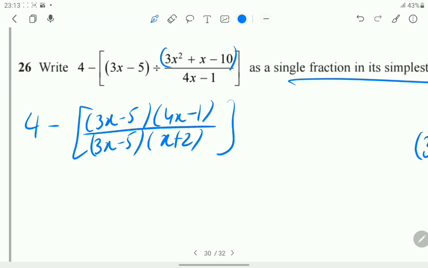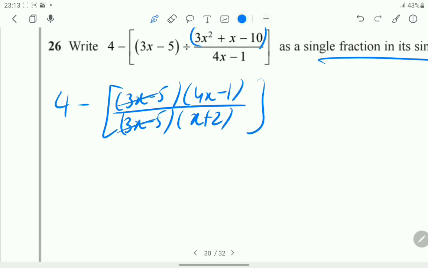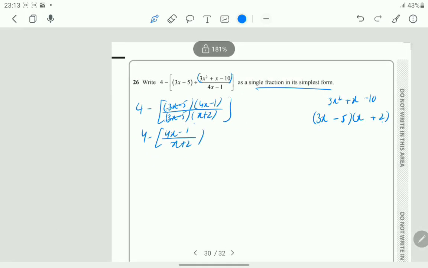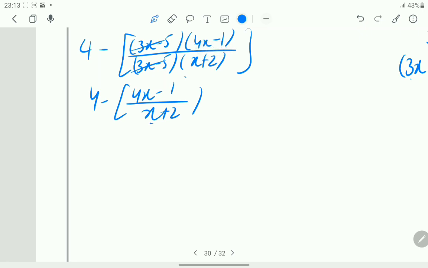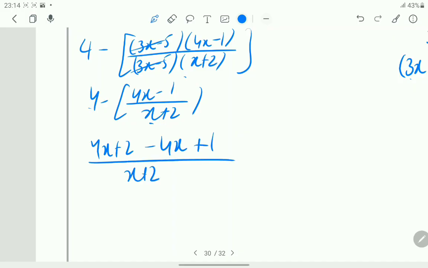Now see, the question is so simple from here. You just cancel, you get 4 minus (4x minus 1)/(x plus 2). Now in order to subtract 4 from this, we need to multiply this with this. We get 4x plus 2 minus 4x plus 1 over x plus 2, 4x cancelled, and sorry, have I done something wrong?